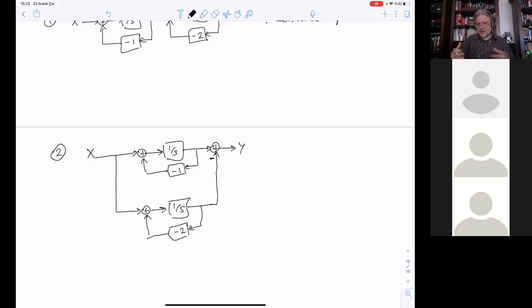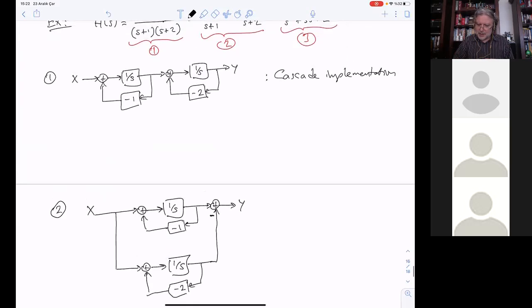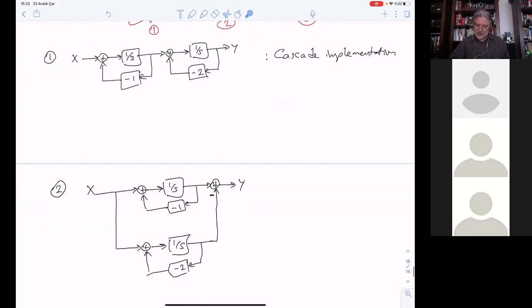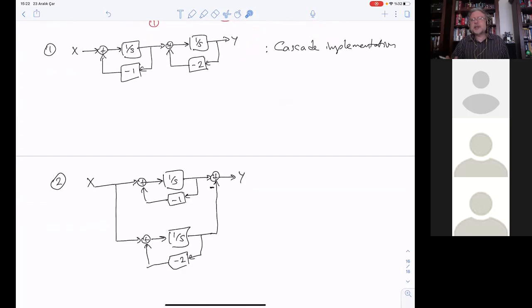So the output of 1 over s plus 2 is subtracted from the output of the 1 over s plus 1 system. And this is the new implementation. It's an alternative way of implementing the same system. And this implementation we can call a parallel implementation.